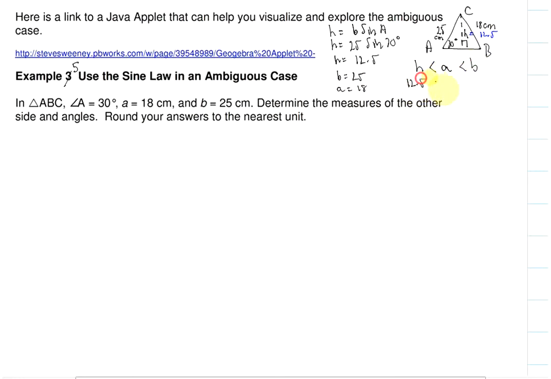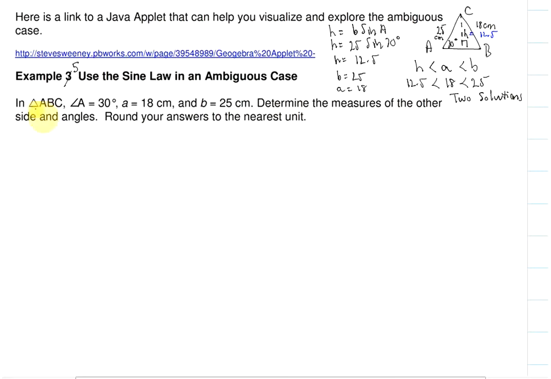Because 12.5 is less than 18, which is less than 25. And if you go back to your chart on the previous page, you can see that when h is less than A, which is less than B, you will have 2 solutions. Okay, so that means we're going to get 2 different answers for this question.